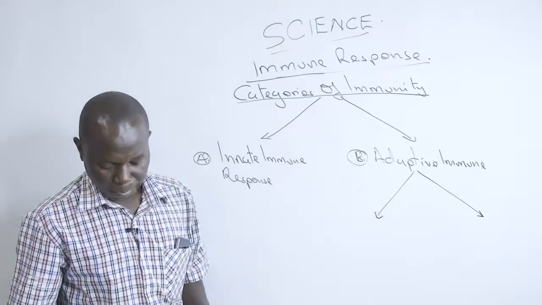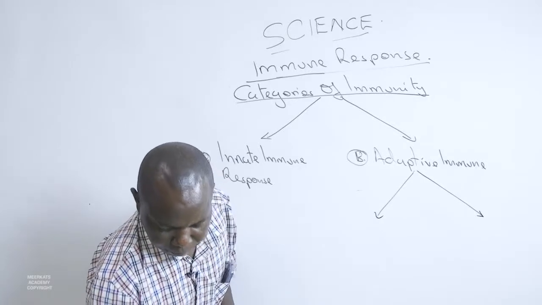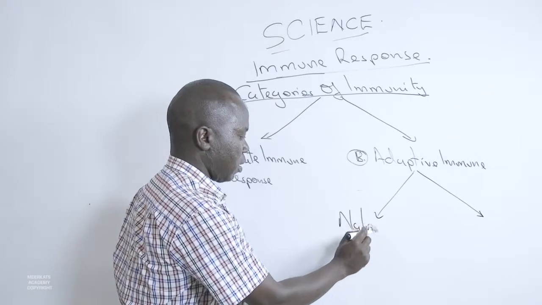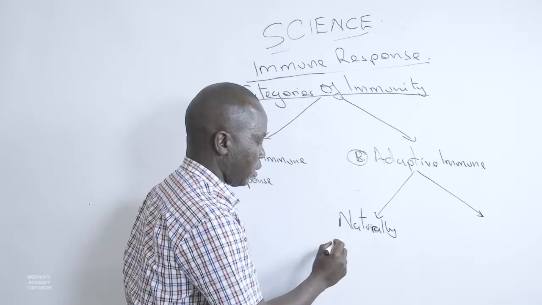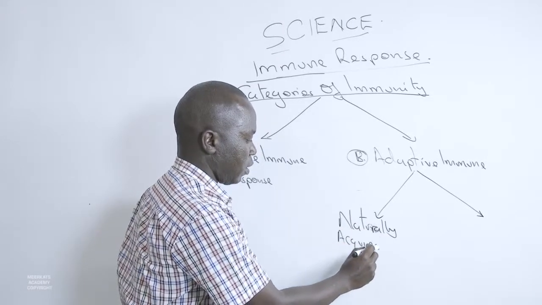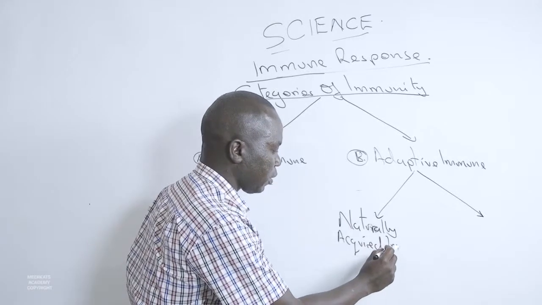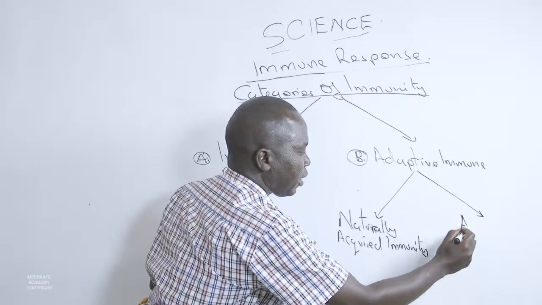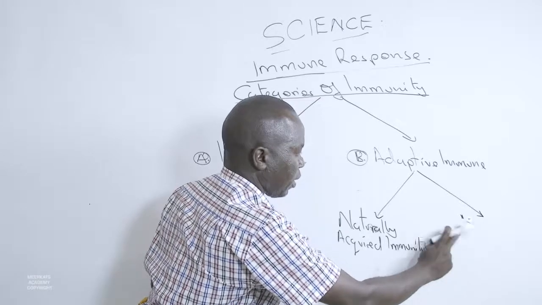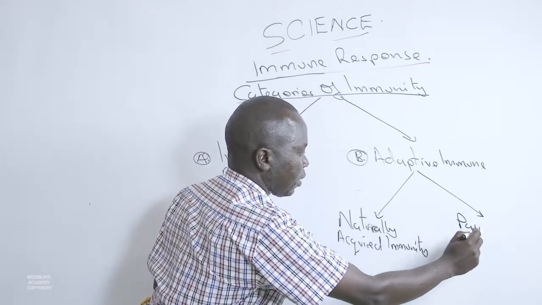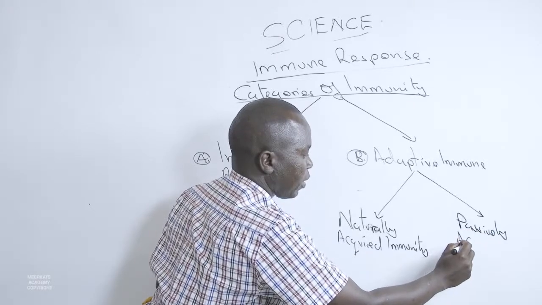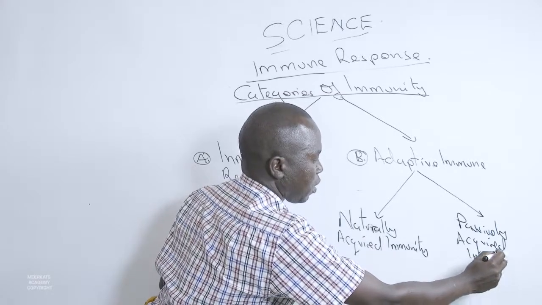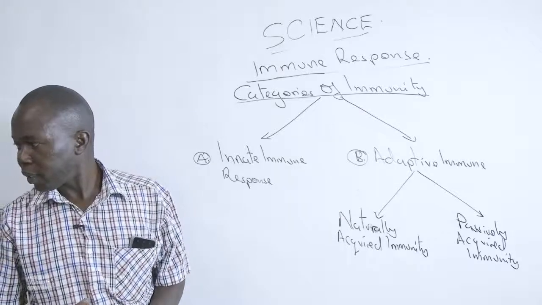We have what you call naturally acquired immunity, and artificially passively acquired, that is passively acquired immunity.